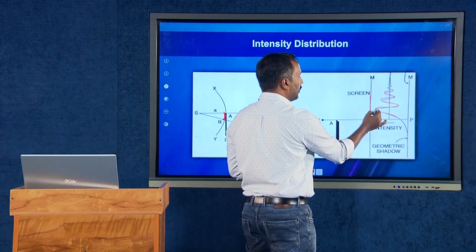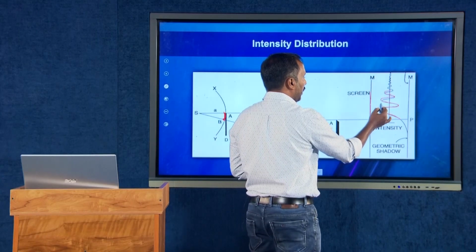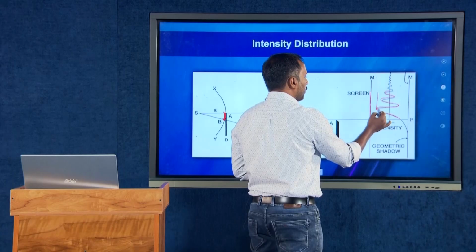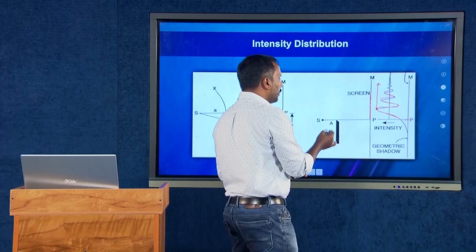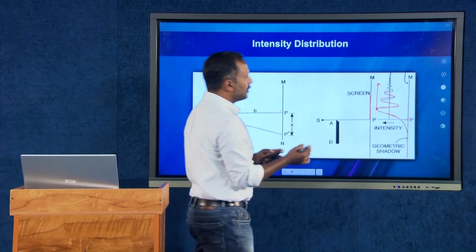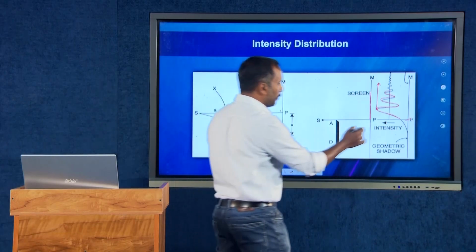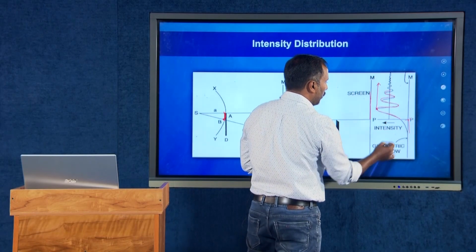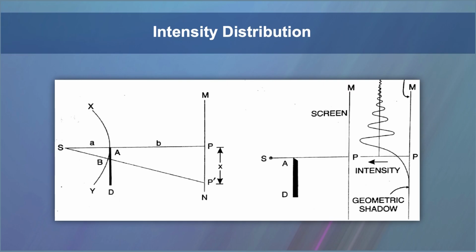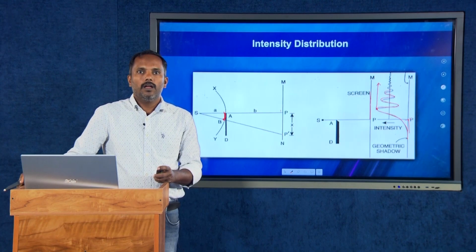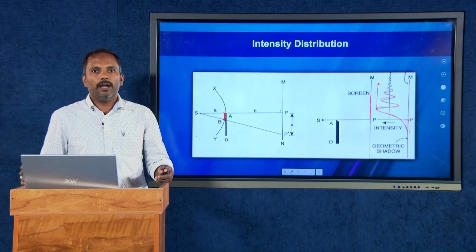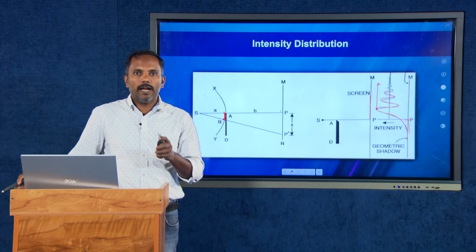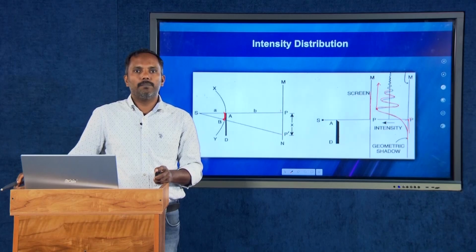So here the effect increases, and on moving away from point P, the effect due to the wavefront decreases gradually, and at points below point P in the geometric shadow, the intensity gradually decreases and becomes dark, and then finally it falls off gradually in the region of geometric shadow.